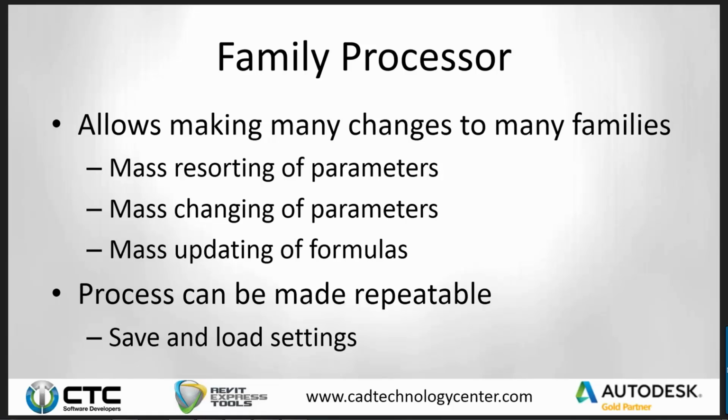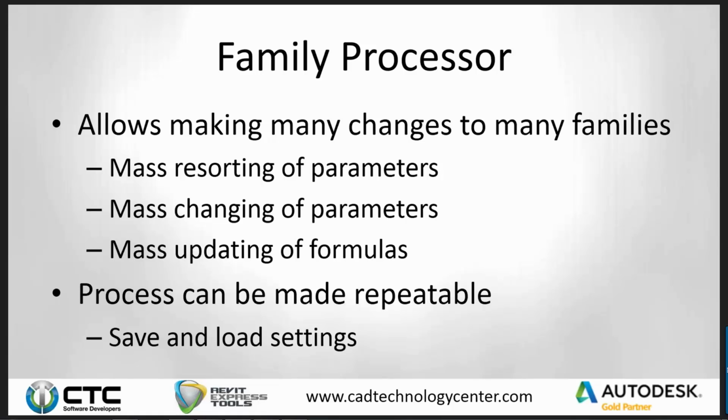So what I would do instead, since I know that their parameters don't match up with my standards, and I know that they're going to use that particular content all the time, is use Family Processor to mass modify all of the Herman Miller content and bring it into alignment with my standards as much as I need to. I can actually bring all their parameters into alignment with my standards if I want to, but I usually just bring in as much as I need.